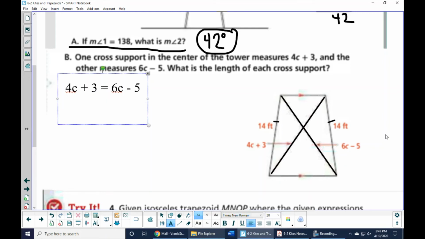Now, what is the first step? We have to get all the variables on the same side. So minus 4C from both sides. That leaves us with 3 equals 6C minus 4C, which is 2C, minus 5. Okay, what's our next step? Got to add 5 to both sides.